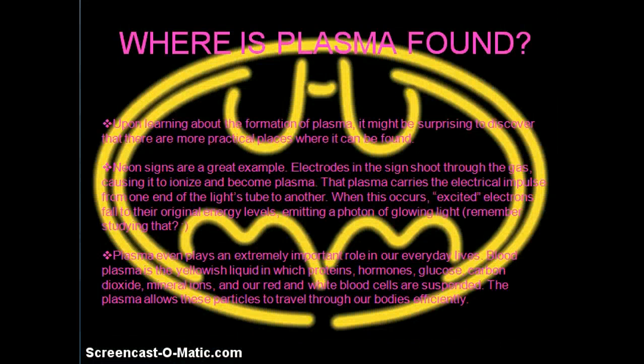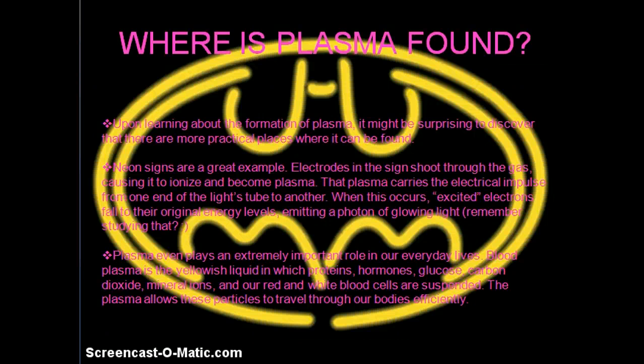This next slide describes a little bit more about where plasma is found. Upon learning about the formation of plasma, it might be surprising to discover that there are more practical places where it can be found. Neon signs are a great example. Electrodes in the sign shoot through the gas, causing it to ionize and become a plasma.